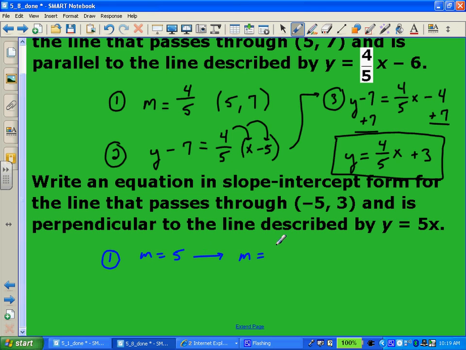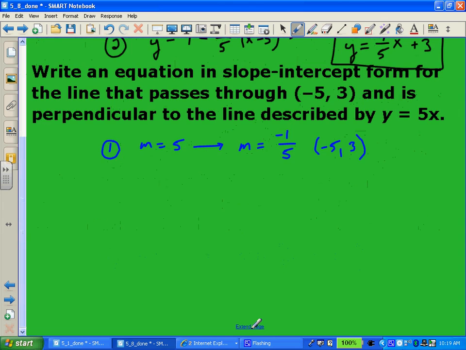I want perpendicular, so the slope I'm going to use is negative 1/5. And I have the point (-5, 3). So in point-slope form, I'd have y minus 3 equals negative 1/5 times x minus negative 5, or x plus 5.